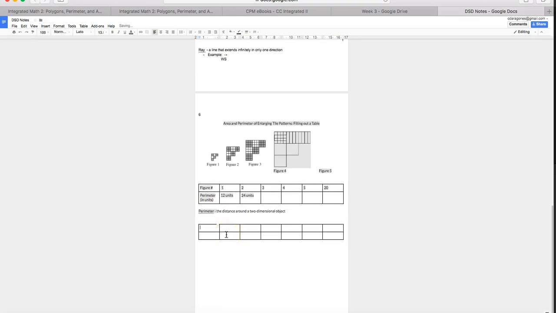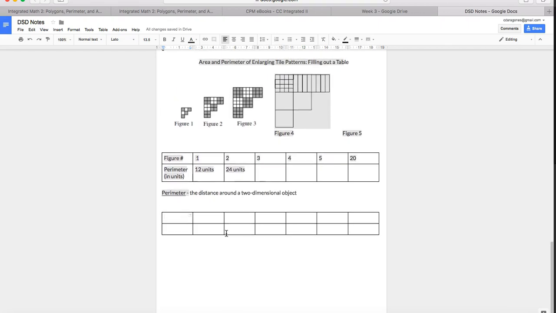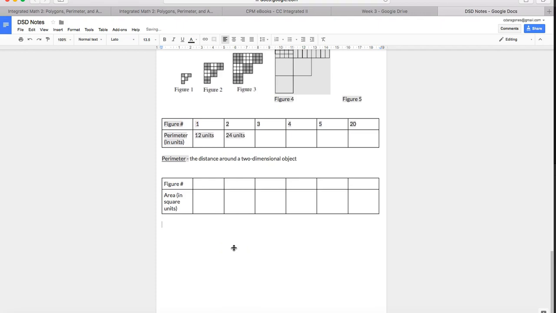And this time, instead of figuring out the perimeter of our shape, we're going to figure out the area. So figure number and area in square units. So in case you don't know, the area of a figure is the number of square units that fill up your region. So for example, let me do an example.